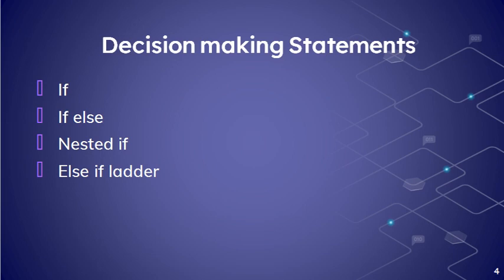That means a decision has to be taken in a step, and based on that some statements have to be executed. The decision making statements are mainly: if statement, if else statement, nested if statement, and else if ladder.